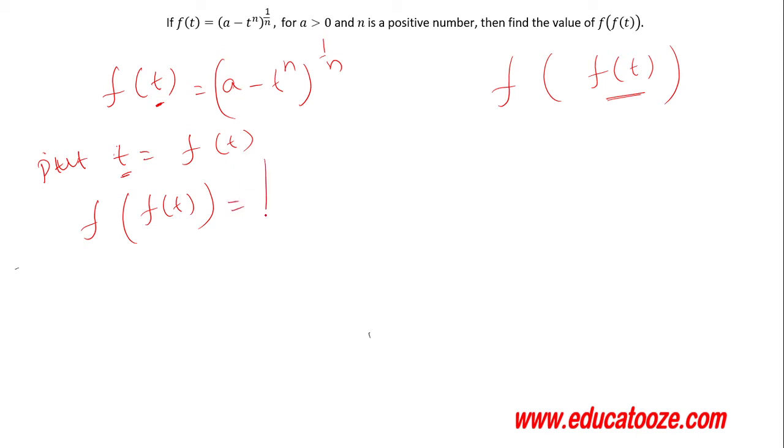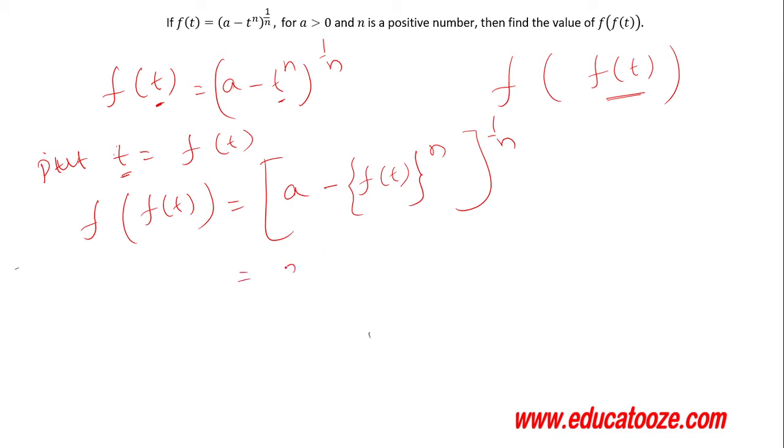So I get, here the term t is there, so I will put f of t. Very simple. Wherever I saw the term t, I have put f of t.